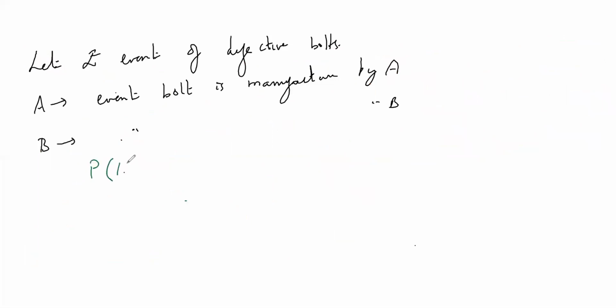P of A is nothing but 25 by 100, so that is 0.25. P of B 35 by 100, 0.35. P of C 40 by 100, that is 0.4. So they have actually given everything directly in this question.